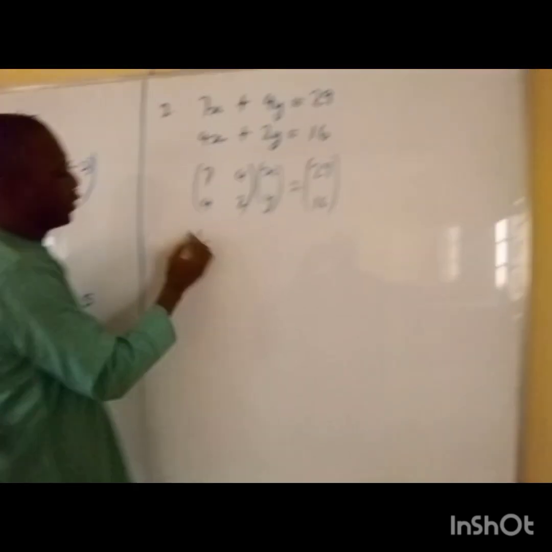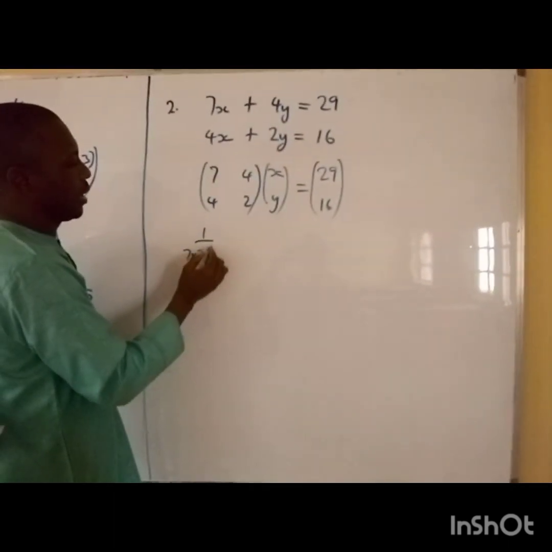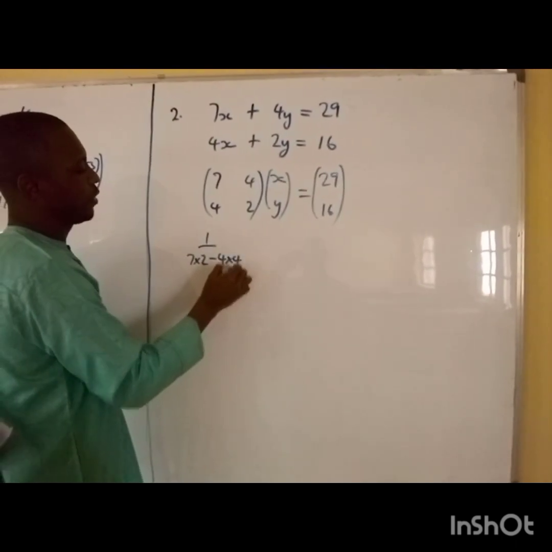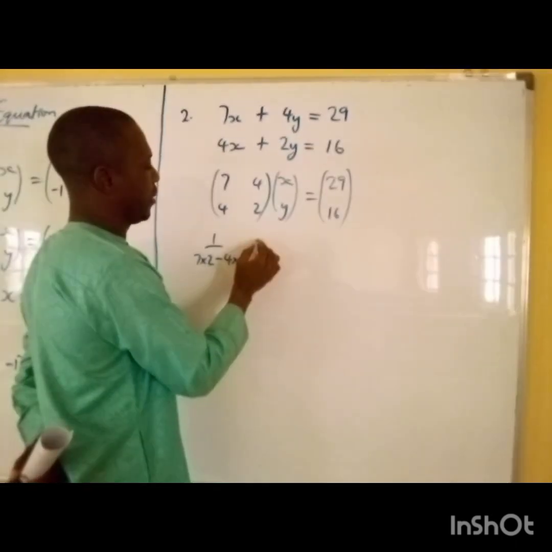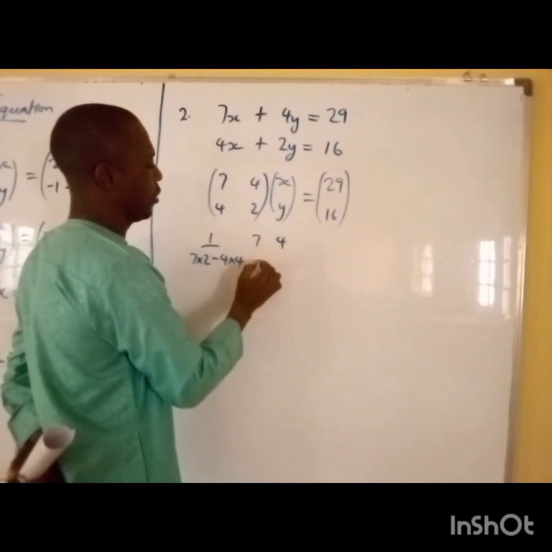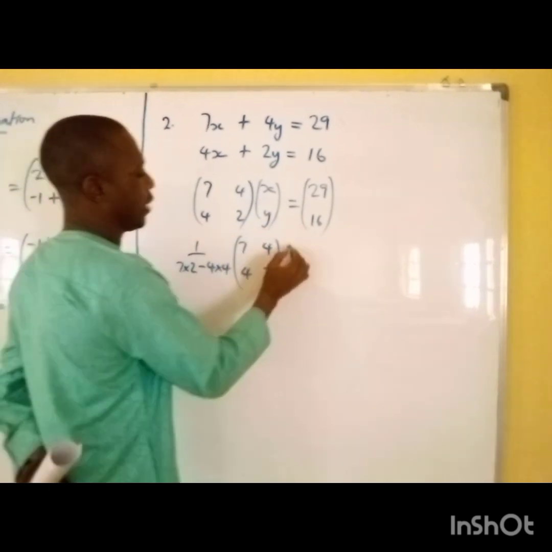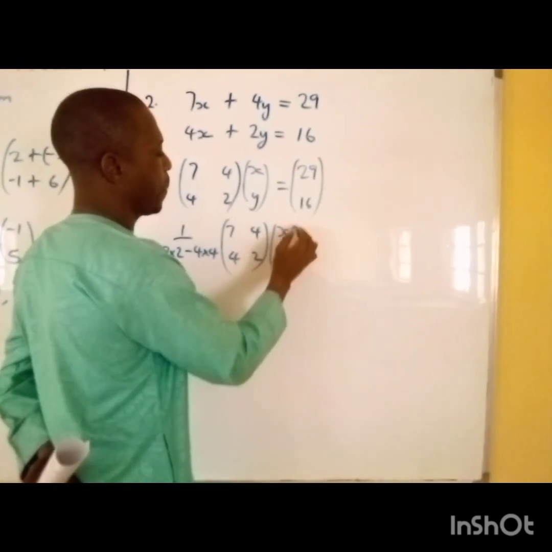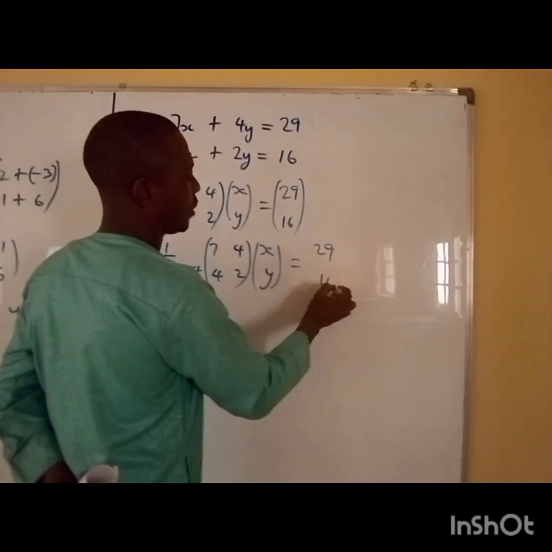And the inverse form is 1 all over that. That's 1 over 7 times 2 minus 4 times 4, multiplied by 7, 4, 4, 2 times x, y equal to 29, 16.